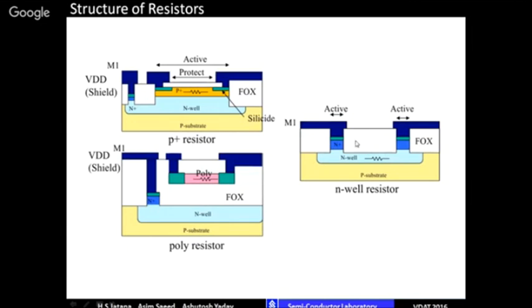And if you see here, you have an N well, you make an N well contact and put some DC value. Normally the N well you put at a higher value, say 2 volt, you connect this. So now you have a 2 volt well here.